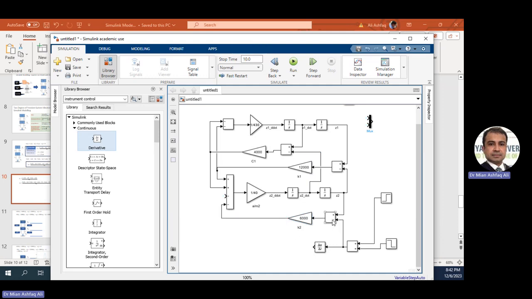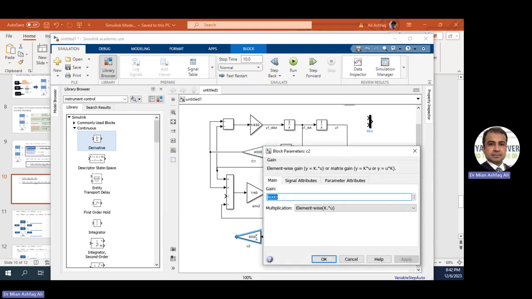Similarly, I can choose the same technique in order to get the velocity of Z2 minus this derivative, which is actually the velocity of this road profile, multiply this with C2, and the value of C2 is 3,000.